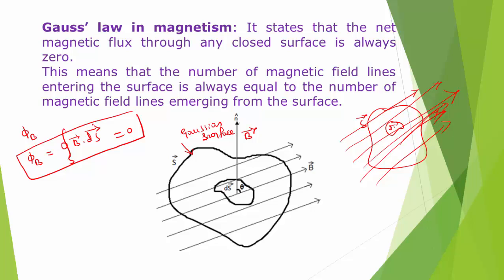It states that the net magnetic flux through any closed surface is always 0. It means that the number of magnetic field lines entering the surface is always equal to the number of magnetic field lines emerging from that surface. This is a Gaussian surface. This is about the magnetic flux and Gauss law in magnetism.